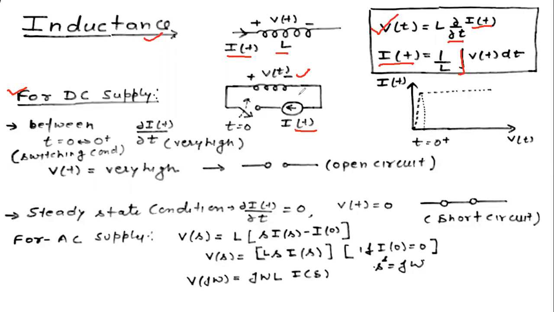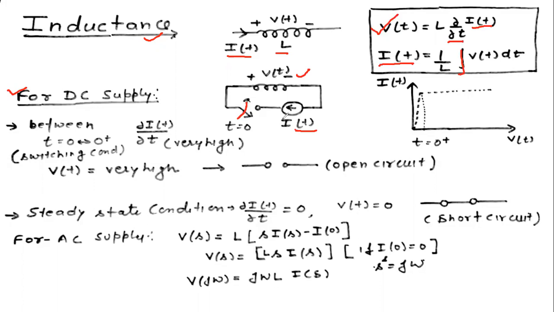Because the basic equation of the inductor is that it always induces flux when there is current: phi(t) equal to L i(t). So we have taken a current source, and suppose this switch is closed at t equal to 0.